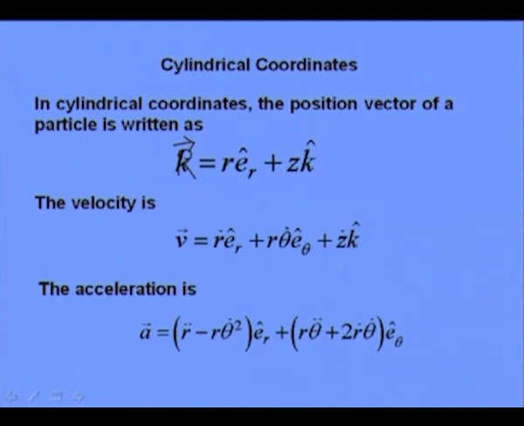Therefore, the velocity is v equal to r dot er plus r theta dot e theta plus z dot k, and the acceleration is given by (r double dot minus r theta dot square) er plus (r theta double dot plus 2 r dot theta dot) e theta plus z double dot k.